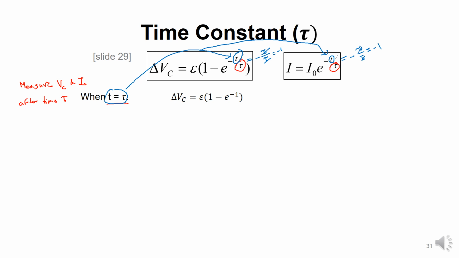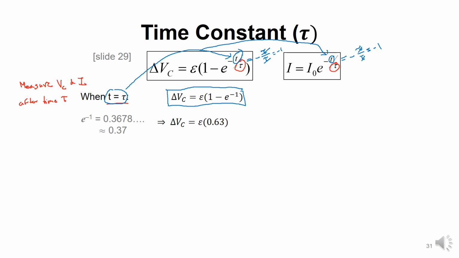Alright, so this is what we have written below. At the time of tau, the voltage equals E, whatever the battery voltage is, whatever the final voltage is, and then inside the parenthesis we have 1 minus e to the power -1. Okay, so that's how much the voltage is after time of tau.